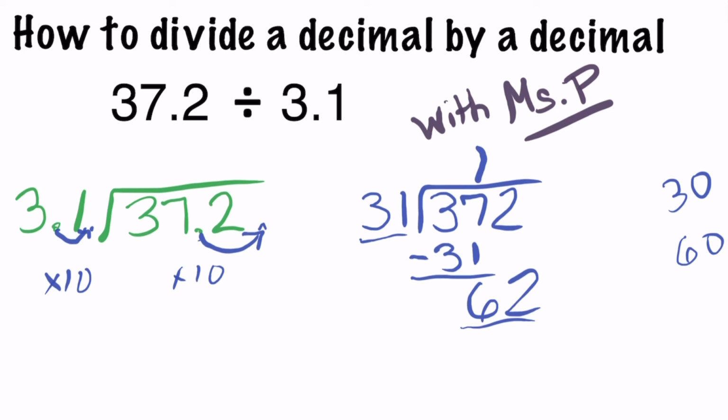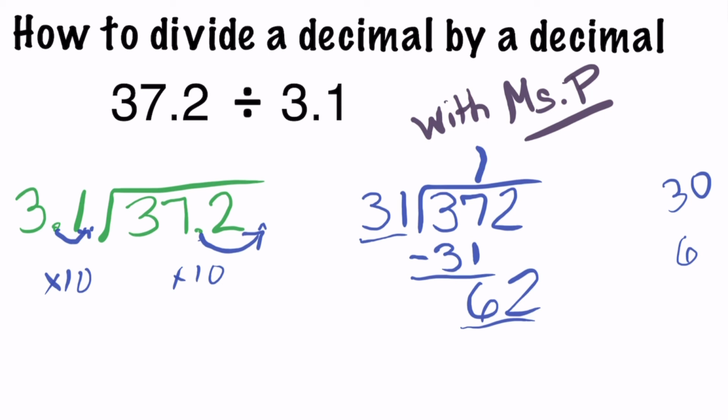Well, I know that 30 is 3 groups of 10, and 60 is 6 groups of 10. And I know that 6 is going to be the same as 2 groups of 3. And that's telling me that 60 is going to be two groups of 30. So using these rounded numbers, it tells me probably about 2 times.